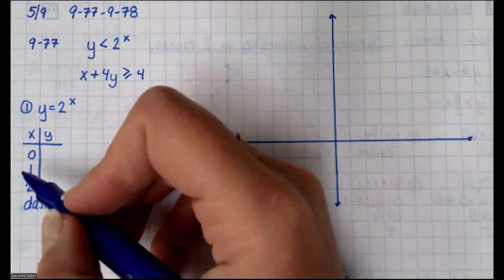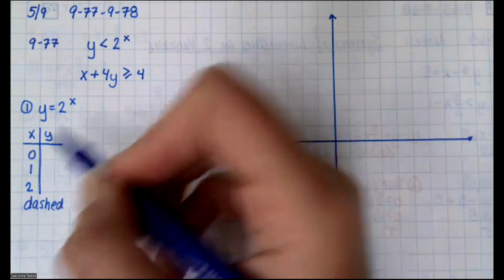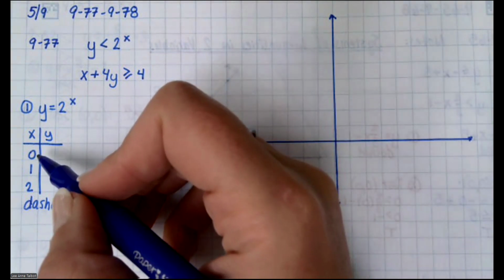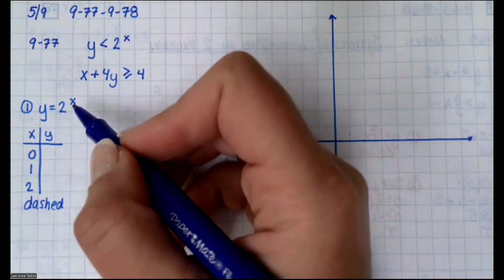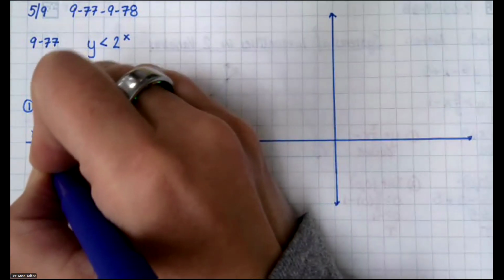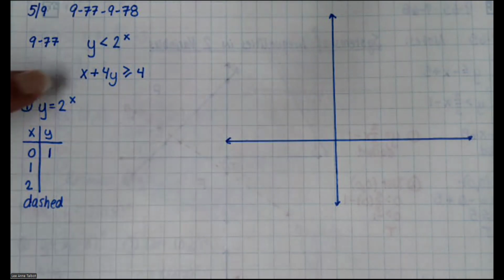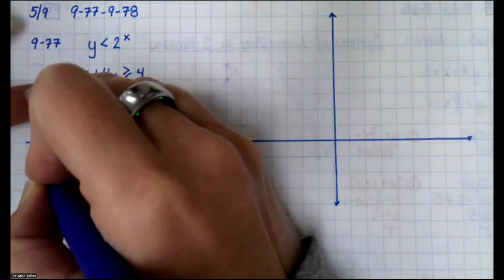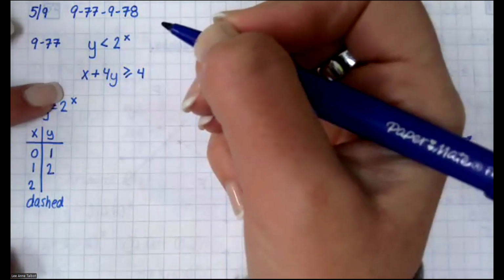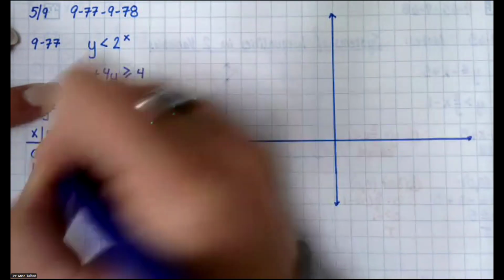Okay, it's not 0. Yes. Okay, excellent. So if you plug 0 in for x, what's 2 to the 0? 1. Great job. Remember, anything to the 0 power is 1. And then you can use the multiplier of 2. So now 1 times 2 is 2. 2 times 2 is 4.